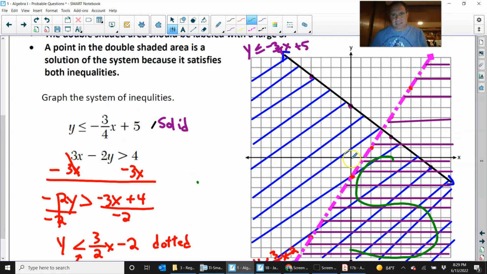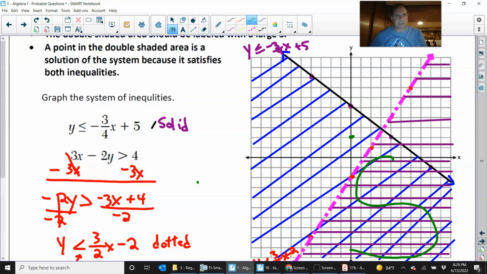If they say it's like, say, 0, 2, 0, 2 won't satisfy the solution because 0, 2 is right here. And that means it will not satisfy the solution. It's not in the double shaded area. All right. And just be aware of that. And that is it. All right.